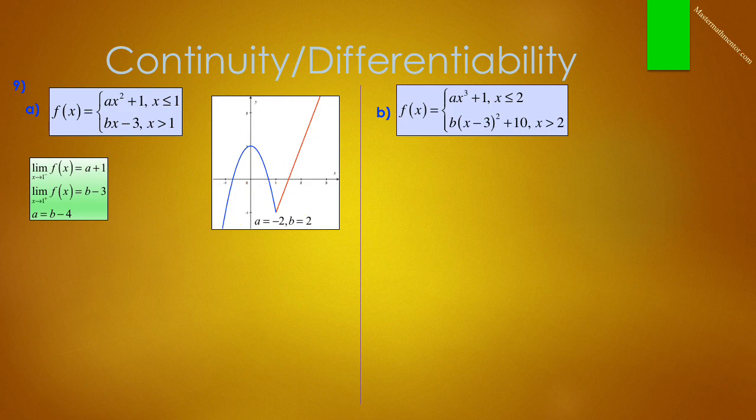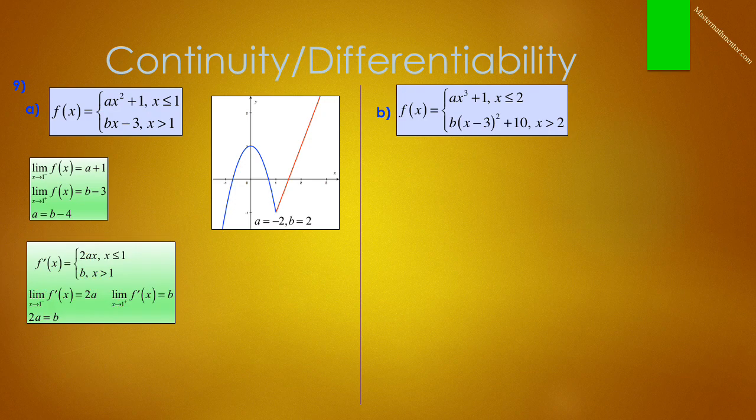Any values of a and b such that a equals b minus 4 gives a continuous graph. For instance, we see a graph with a equals negative 2 and b equals 2. So there are an infinite number of continuous graphs.